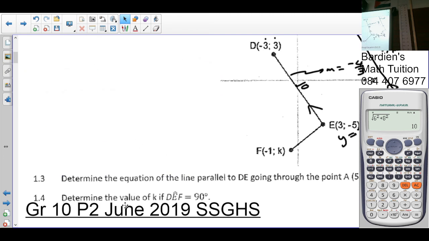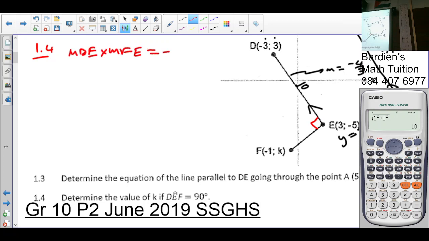Then it says, determine the value of k if DEF is perpendicular. So if DEF is perpendicular, what do we know? Yes, the gradient of DE times the gradient of FE is equal to negative 1. They told us it's perpendicular, so we can go with that.